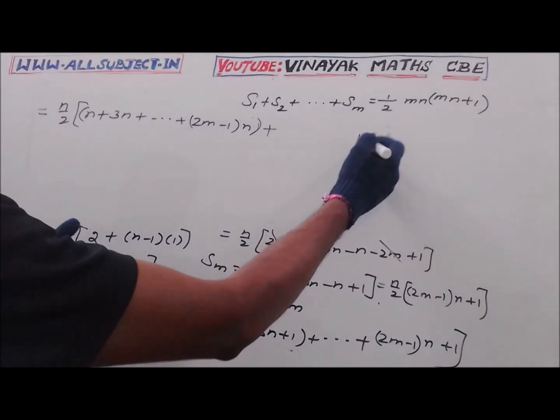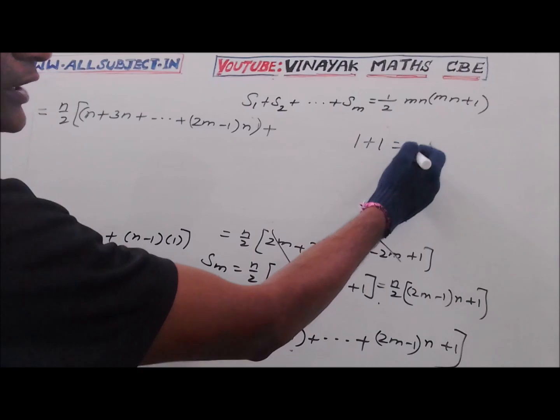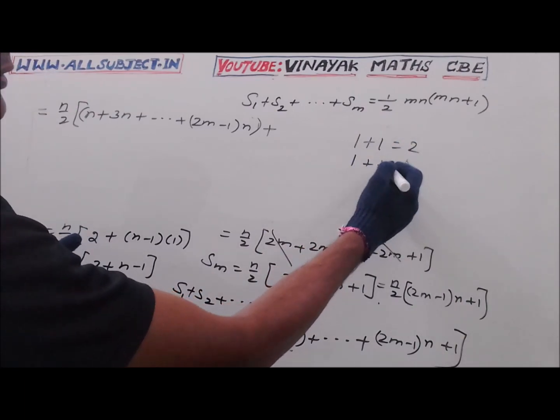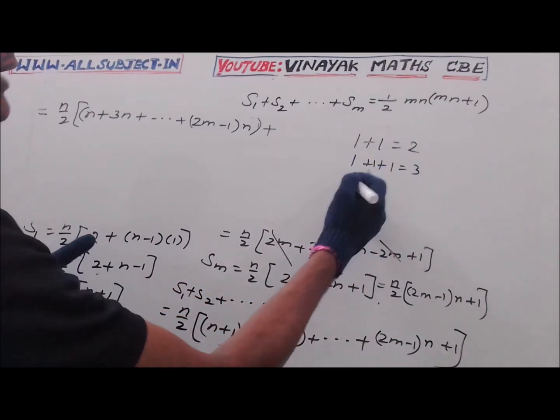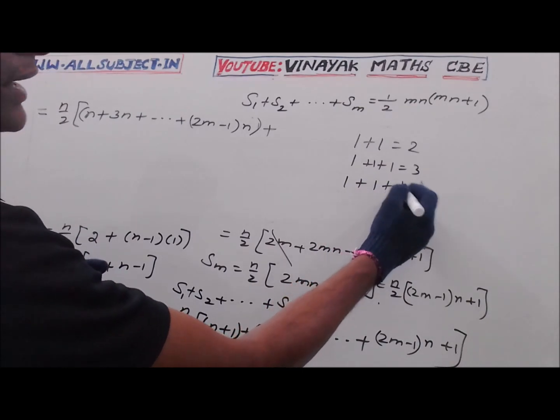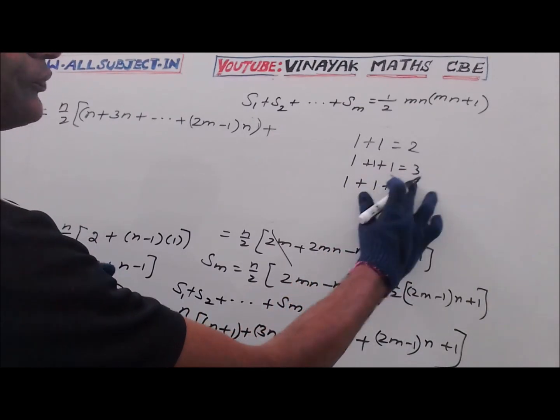Adding 1 two times we get 2, adding 1 three times we get 3, adding 1 five times we get 5.